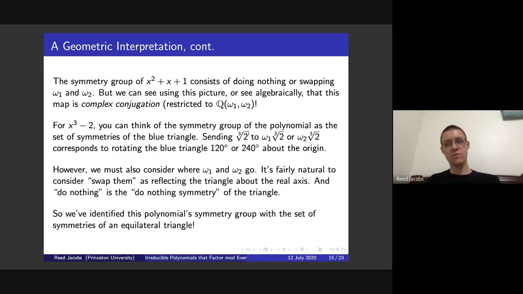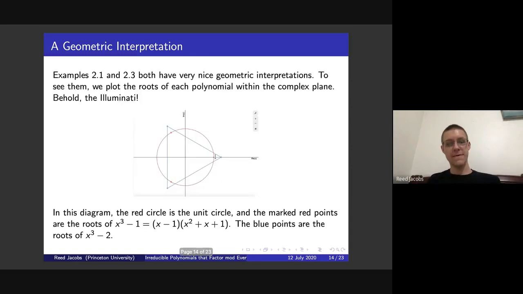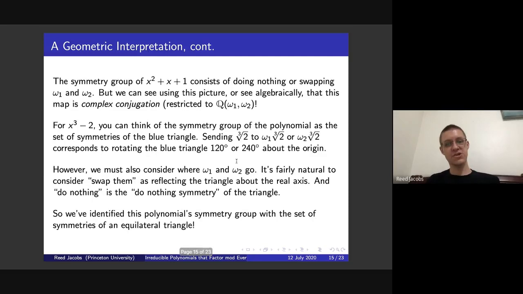Similarly, if we send cube root of 2 to omega 2 times cube root 2 and fix omega 1 and omega 2, then that will be a rotation of the triangle by 240 degrees. And so those are the three possible rotations of the triangle. To get reflections, we look at where omega 1 and omega 2 go.